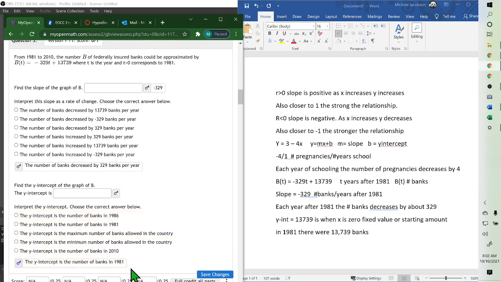Y-intercept is another number of banks in 1981. So it's just making sure you understand what these variables stand for and the R's.